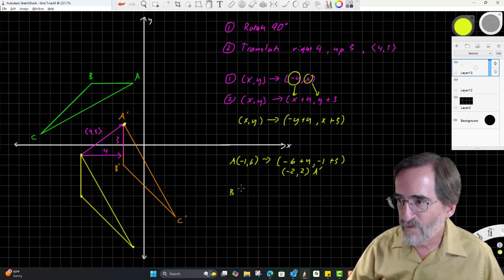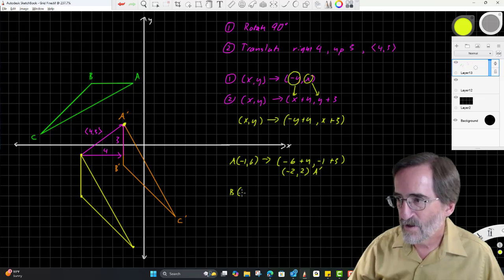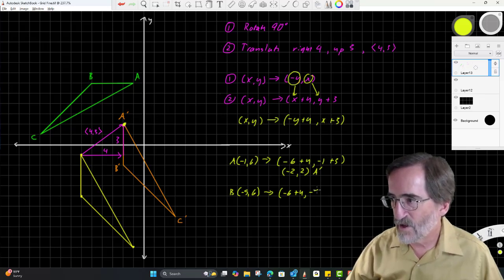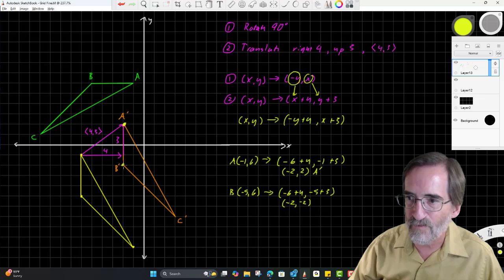B is at negative 5, 6. So plug it in. Negative y plus 4 is negative 6 plus 4, and x plus 3, so negative 5 plus 3. Negative 6 plus 4 is negative 2. Negative 5 plus 3 is negative 2. So negative 2, negative 2, there's B prime right there.